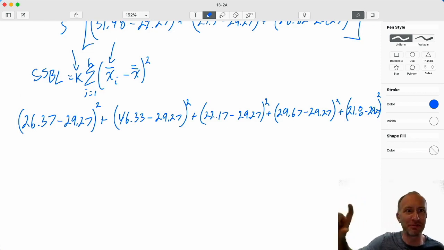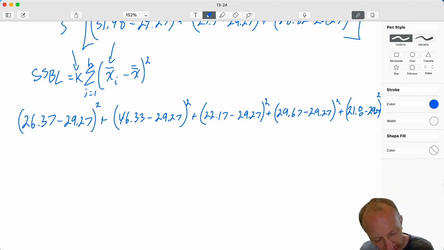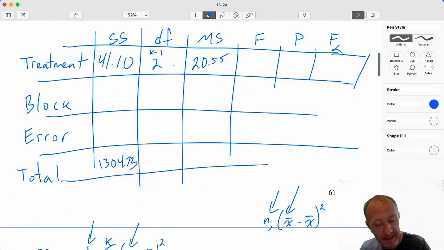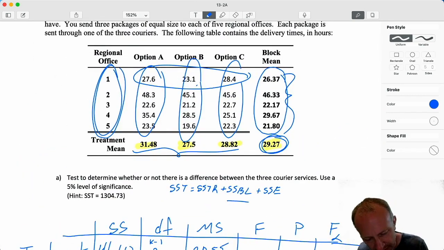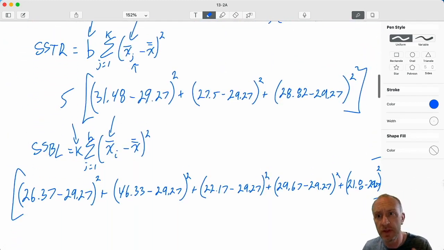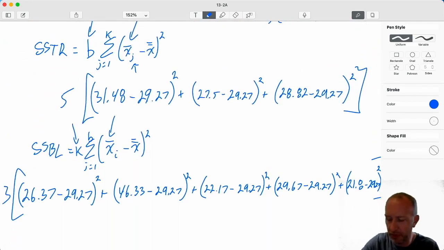I think I've got lots of room, and it gets smaller and smaller as I start to run out of room. And then all of that we multiply by k, which is 3, right? Because here I have 3 observations in each of those block means. So I'm going to multiply that by 3.